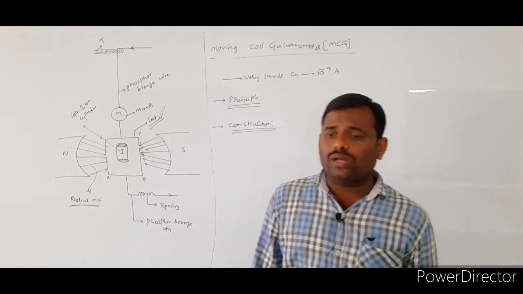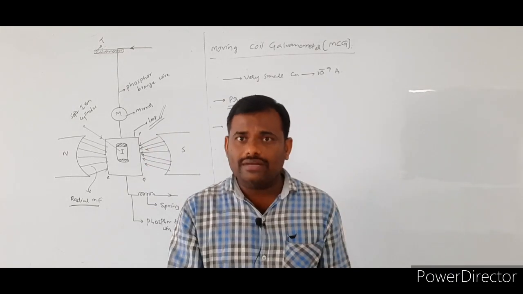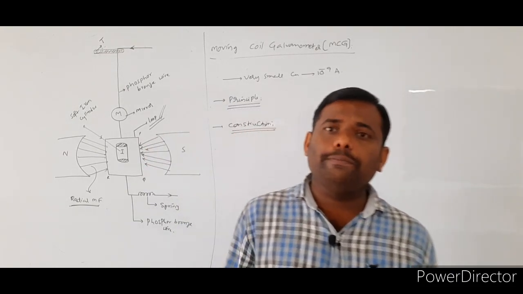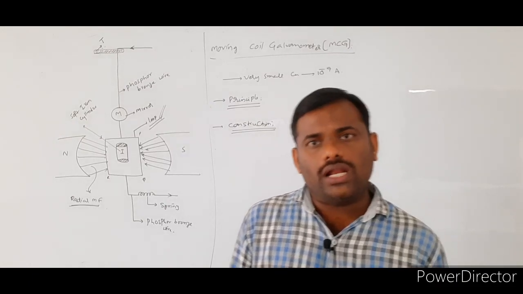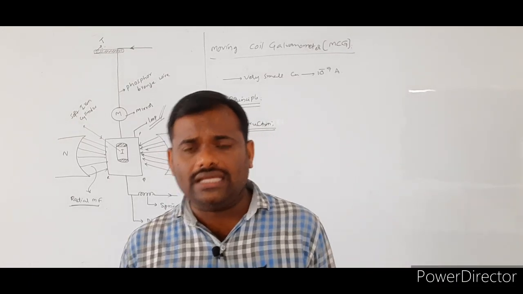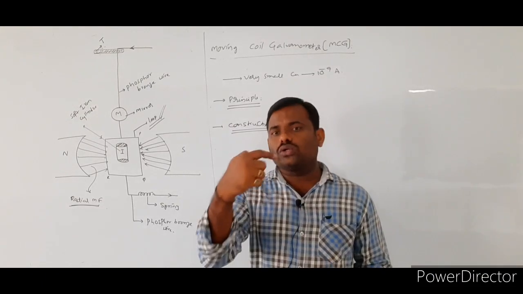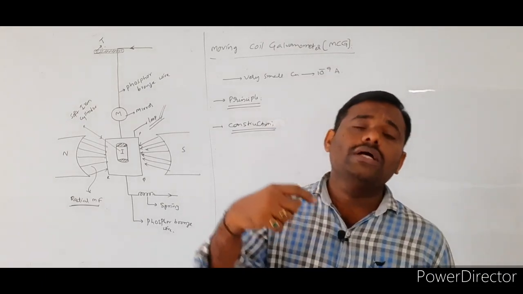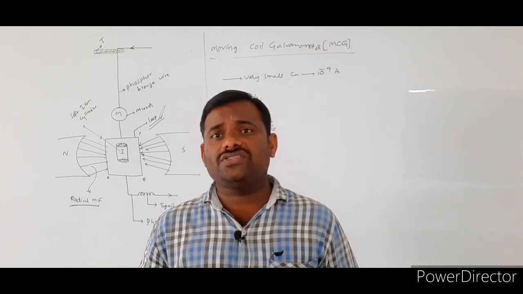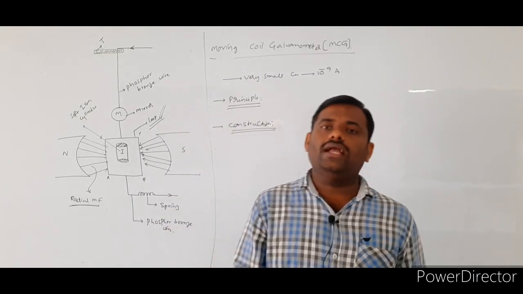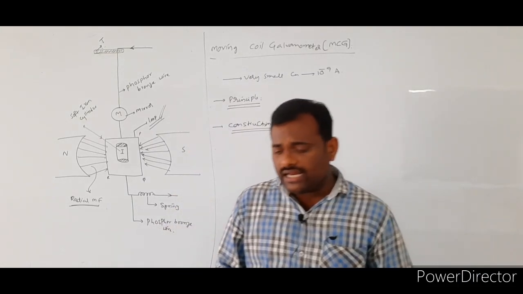First we consider a rectangular frame made of a non-conducting material. Over that non-conducting rectangular frame, we wind a large number of turns of insulated wire.